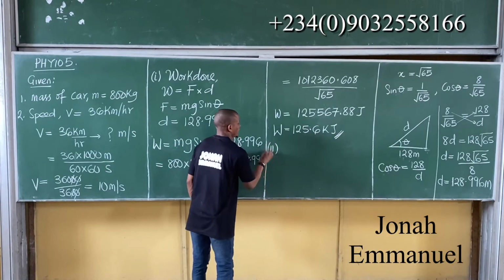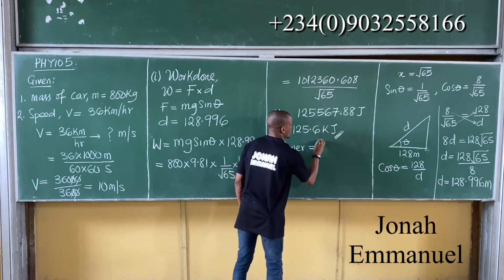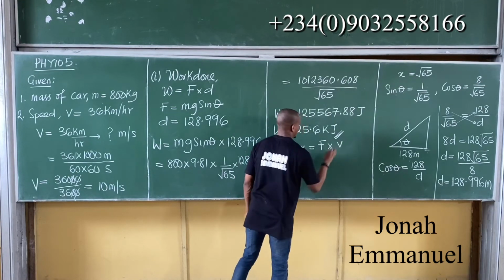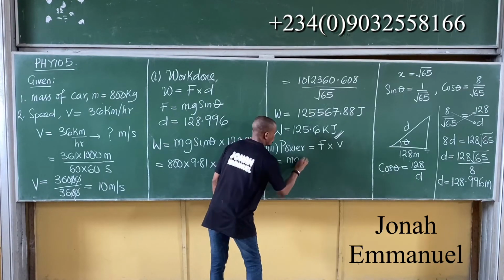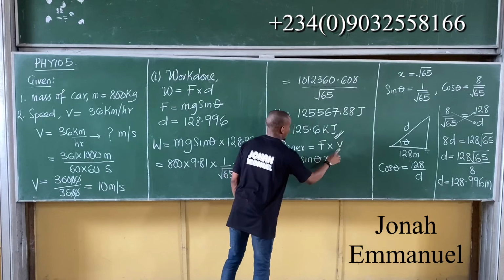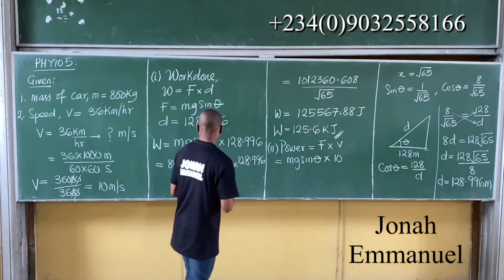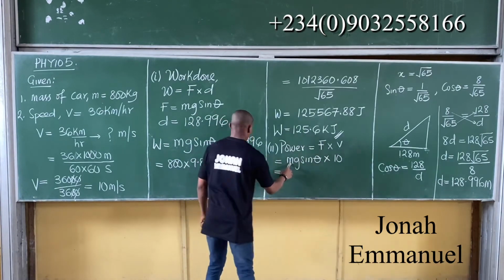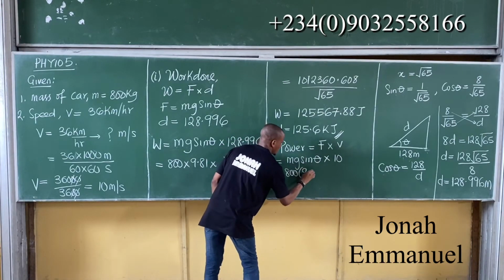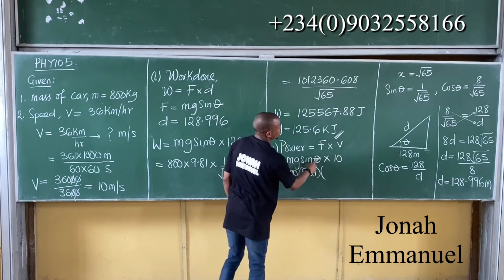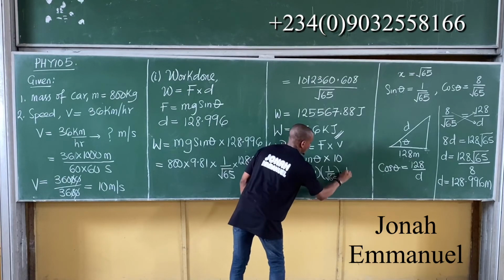The B part said to find the power of the car. We derived that power is equal to force times velocity. That's now equal to force, mg sin theta, multiplying velocity, which was 10, so times 10. So this value is equal to mass 800 times gravity 9.81 times sin theta, 1 over root 65, times 10.